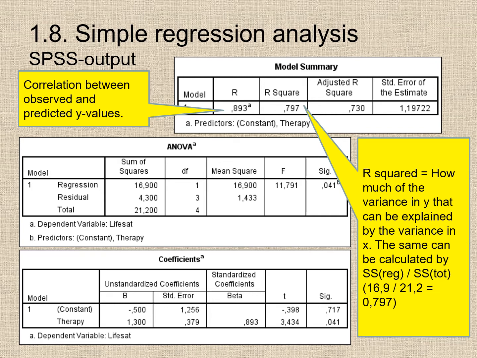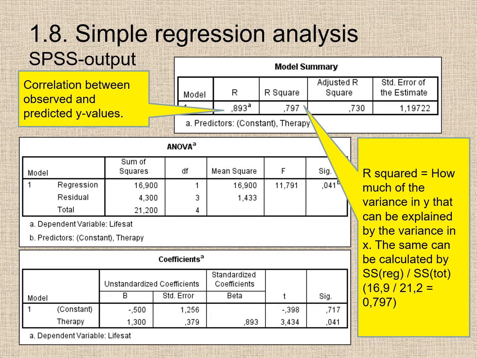In simple regression, that value will be exactly the same as the multiple correlation up there, which is the same as the ordinary correlation between the two variables. Maybe I make this point also: R square is exactly the same as the ratio between regression sum of squares and total sum of squares. Those are the same thing.